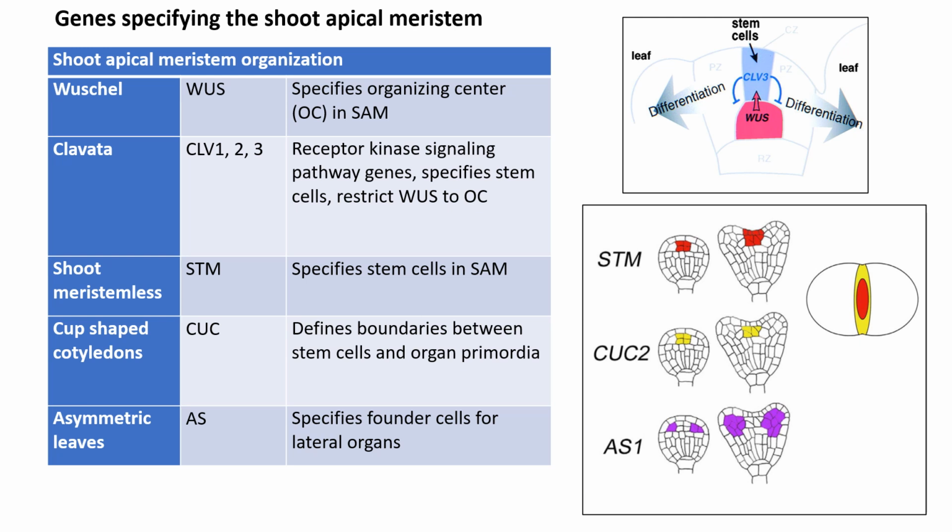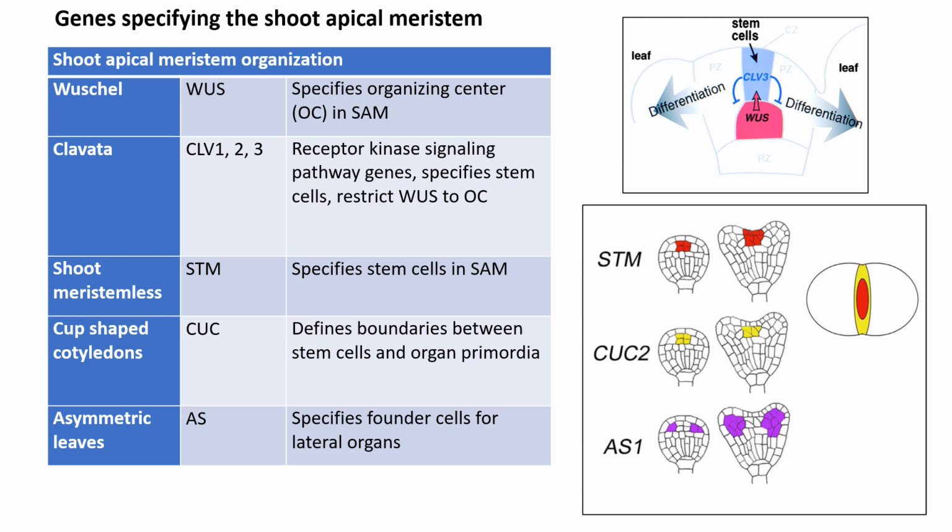So you can see that the shoot meristem-less gene gets restricted to the central region, which represents the SAM, and the cup-shaped cotyledon genes are expressed on the periphery where the STM gene is not expressed. The asymmetric leaves genes are expressed in the region where the cotyledons emerge, and they establish the founder cells for lateral organs.